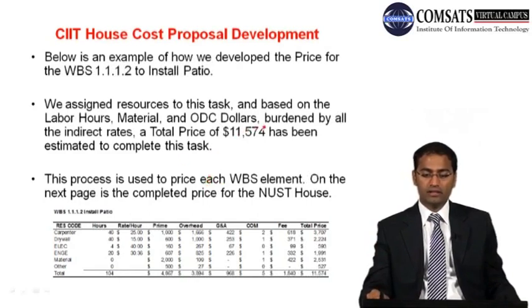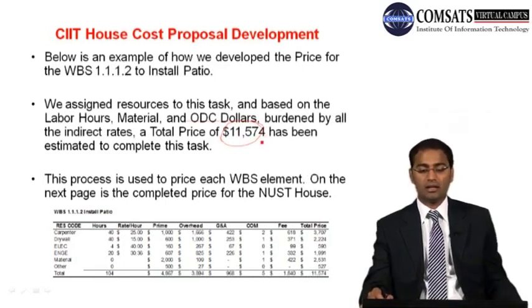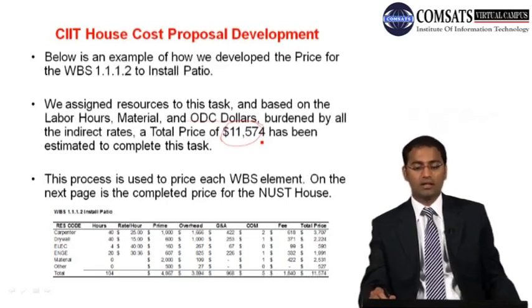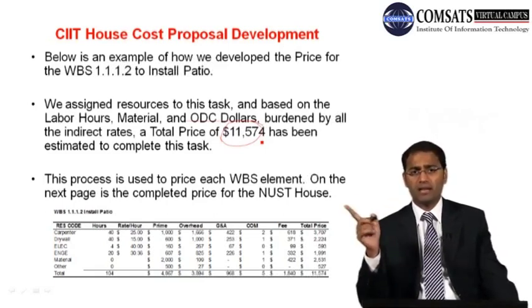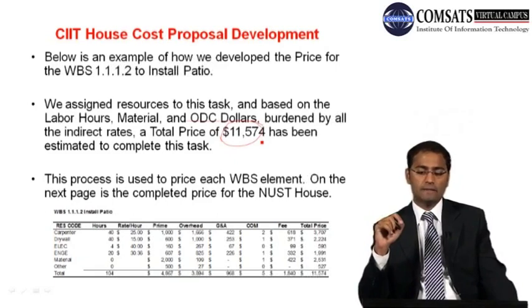Now this figure, this is how we get to that. I mean, 11,574. How do we get that? And this is the total price. Now there is a difference between price and cost, remember, and there is a word, and that is estimation.